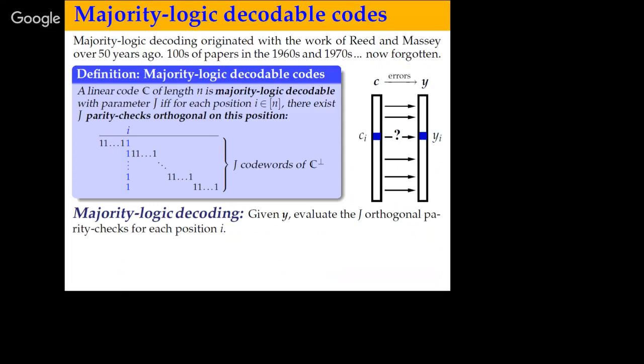Suppose I have a binary linear code and transmit some codeword c, and the positions of the codeword go through some channel, let's say a binary symmetric channel, and I get the channel output y. And let's suppose all I want to know is, was there an error in position i or not?